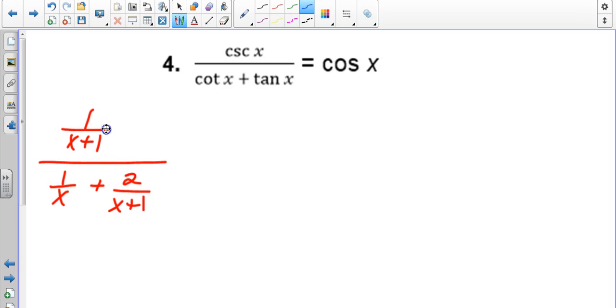And what you want to do on something like this, rather than try to, you can't flip the denominator over until you get it to be a single fraction. Okay? But there's a trick. If you multiply the common denominator for all of these fractions by the top and the bottom, you'll have a little magic. What's the common denominator for all of those fractions?